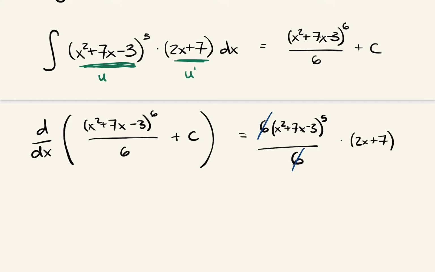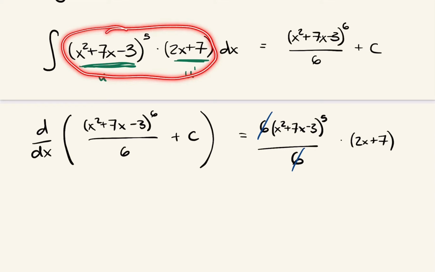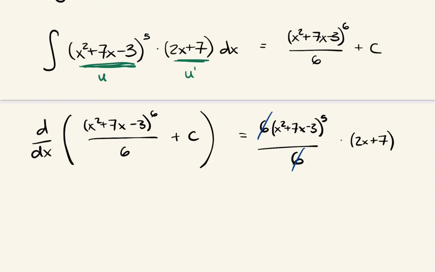The 6's cancel, and we're left with the original function that we were trying to integrate, that we were trying to find the antiderivative of. So taking the derivative over here, we get this, which was the original function. So that shows that when I integrate it, I should get this function.